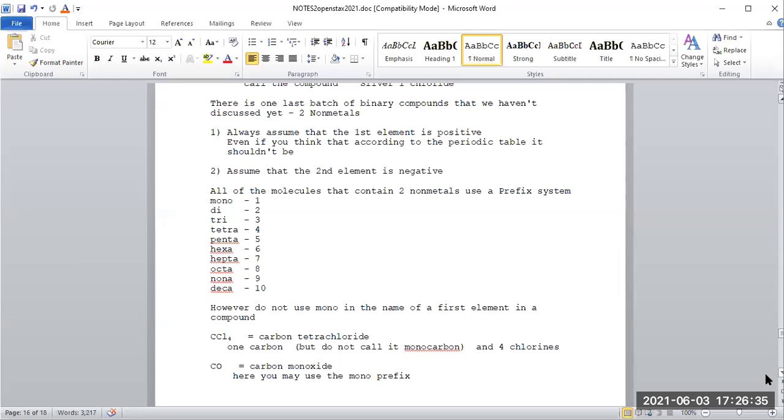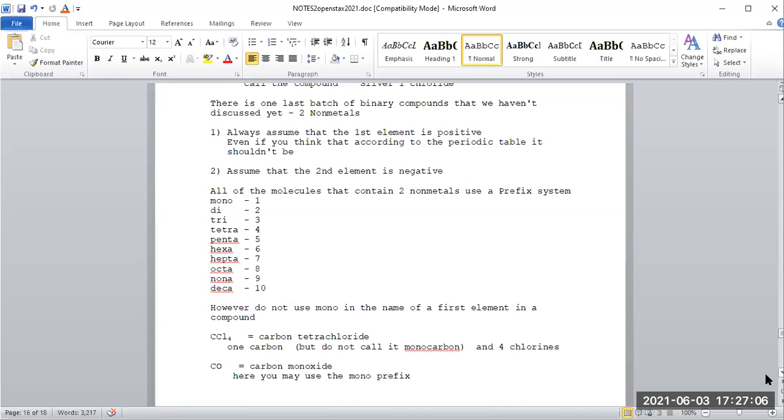We'll eventually get around to that. Tri for 3, like a tricycle. But they don't use quad, they use tetra, as in tetrahedral. And then you get more traditional geometry prefixes: penta, hexa, hepta, octa, nona, and deca.